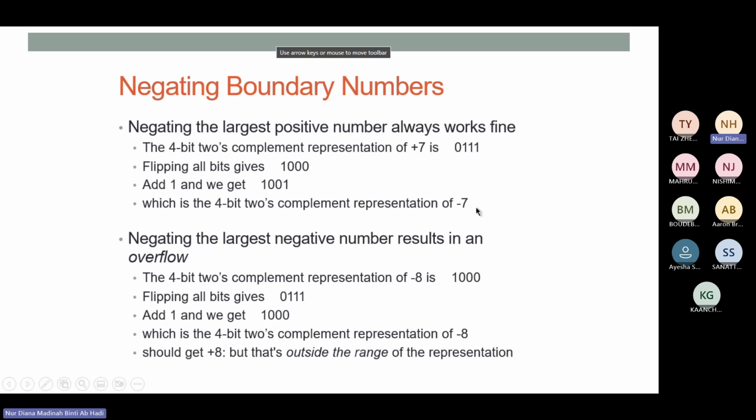So this would be the two's complement representation of negative 7. Okay, but negating the largest negative number results in overflow. The 4-bit two's complement representation of negative 8, where we're supposed to get positive 8, but since it is outside the range of the representation, it will become an overflow.